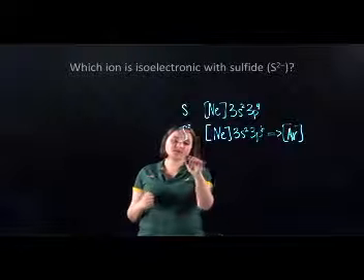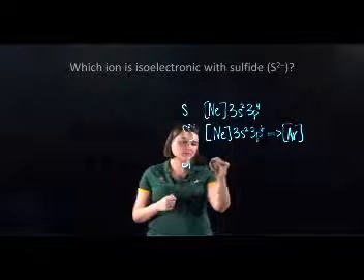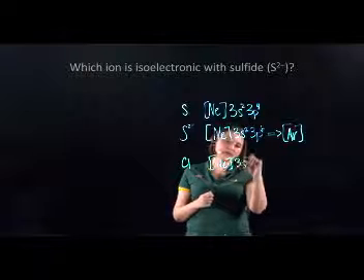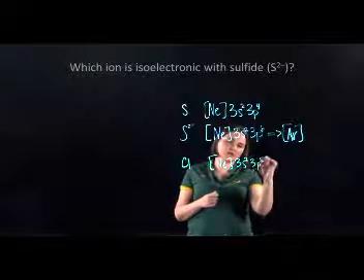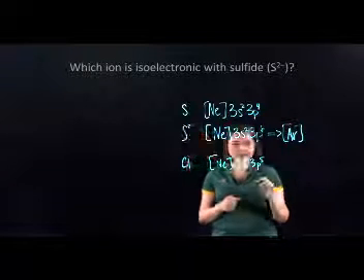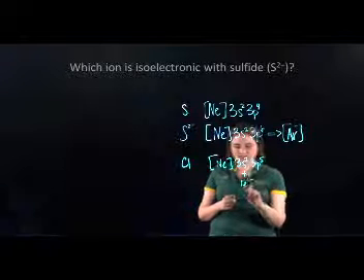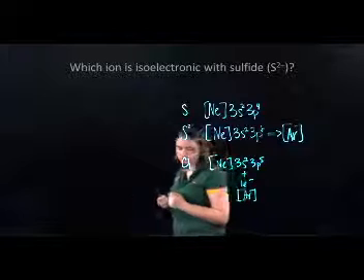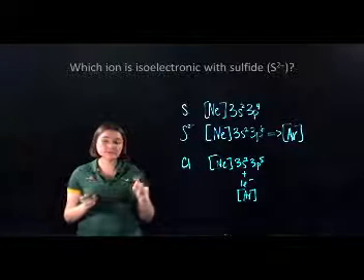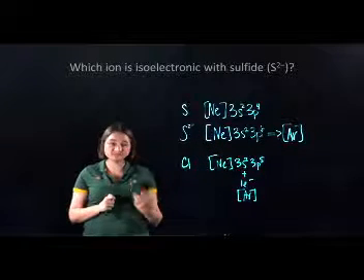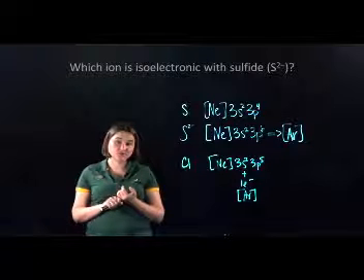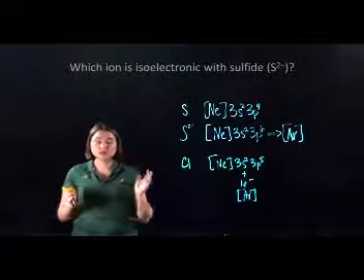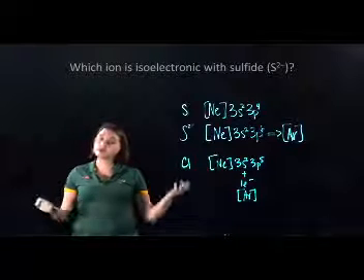The one that is correct is Cl-, because if you look at Cl, it's 3s2, 3p5. So I only need to add 1 electron, and then I end up with argon. Al3+ has a noble gas configuration of neon, as does sodium plus and oxygen 2-. Chromium 3+ has a crazy electron configuration that's not related to any of them.